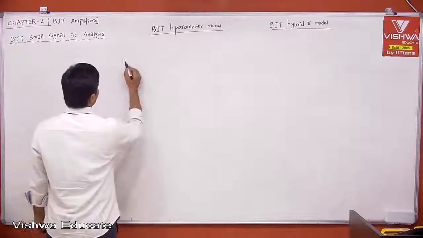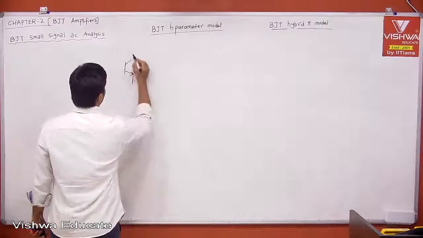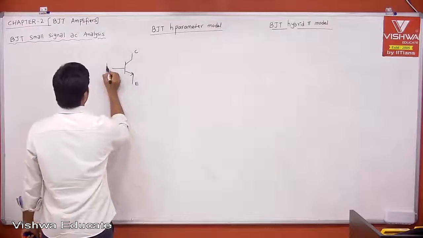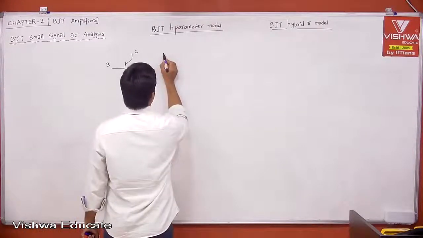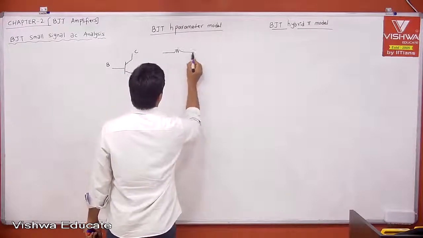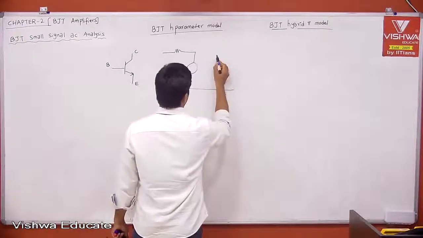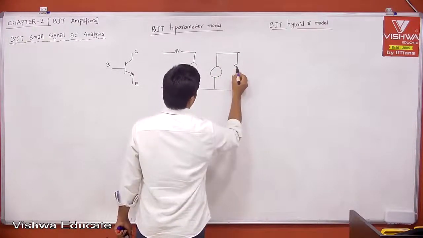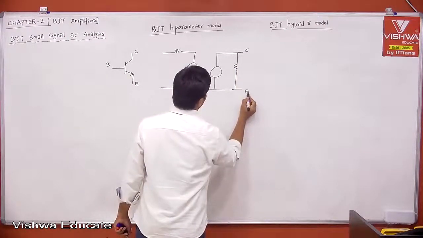If you consider a transistor, this is collector, emitter, and then base. Then the equivalent circuit we got, I'm taking the exact model only. This is our exact model. Just now we saw, from both quantitative and qualitative analysis, that we are able to correlate.